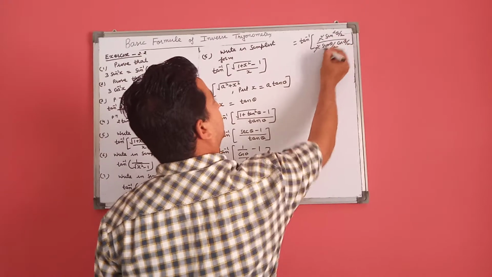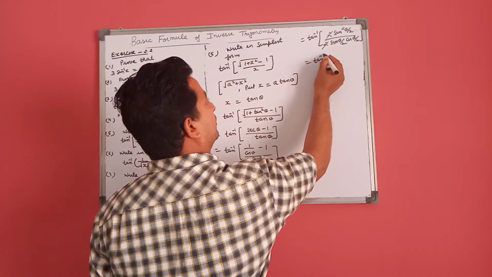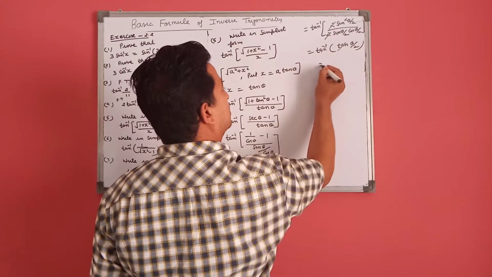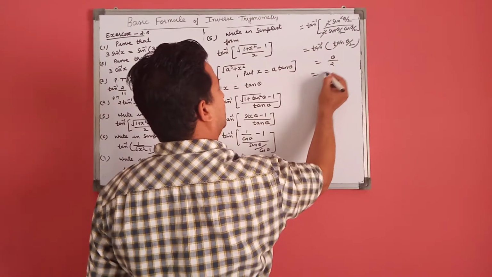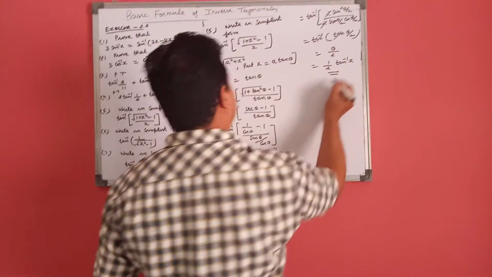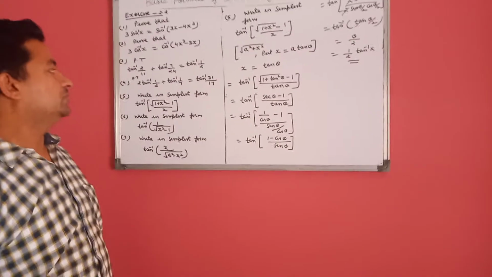This cancels out. We have tan inverse of sin by cos, tan theta by 2. This cancels out. That is theta by 2. The value of theta is tan inverse x. This is the simplest form of this question.